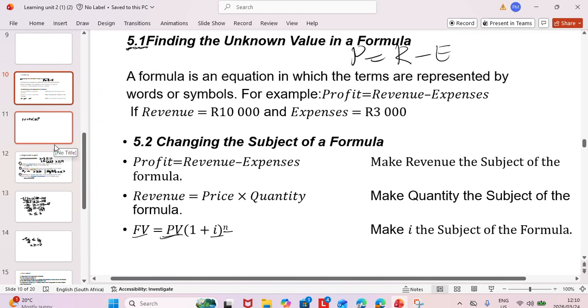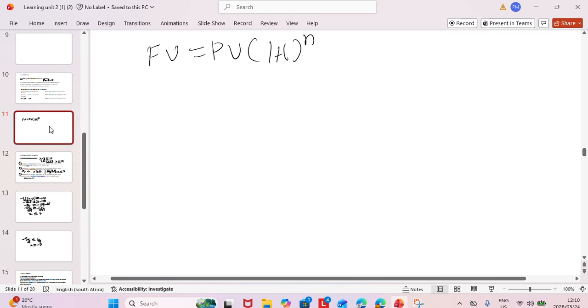Okay, so this is what we need to do now. Let's try to make I the subject here. Step number 1, we need to divide both sides by PV. PV will cancel PV, then future value over present value.